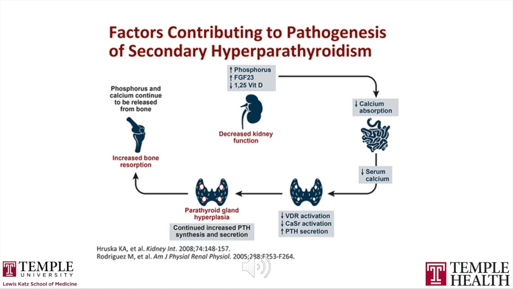Your lower vitamin D level then means you have decreased calcium absorption in the small bowel. So then you have a lower serum calcium. And together, your overall lower serum calcium increases your parathyroid hormone secretion. And this is chronic and unrelenting. And so over time, you get four-gland parathyroid hyperplasia. And your PTH is continuing to be made in order to keep your calcium level in the realm of normal.